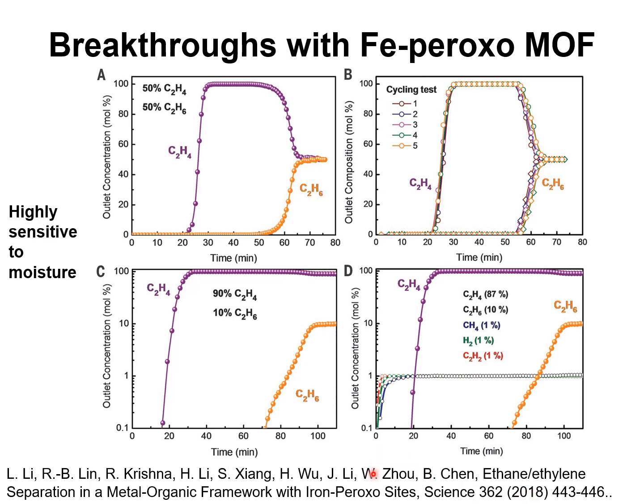While this development has acted as a catalyst to further MOF developments using C2H6 selective MOFs, it must be remarked that iron peroxo MOF is highly sensitive to moisture and most likely not suitable for use in commercial practice.